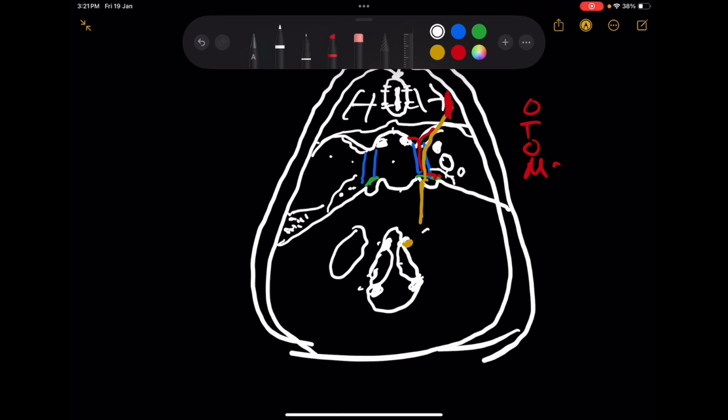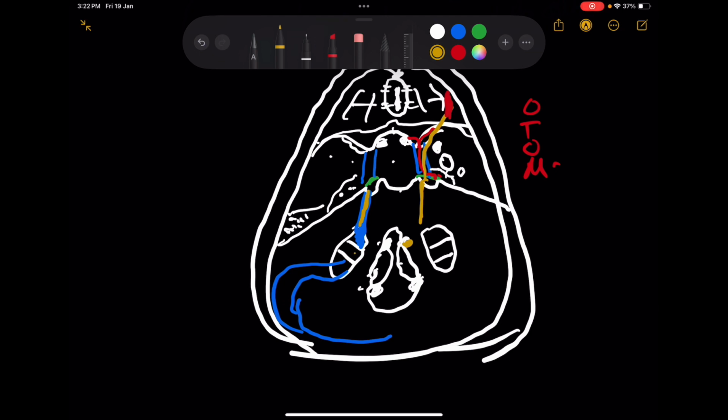Then we make the jugular foramen, divide it into three. The sigmoid sinus turns around and enters the posterior part of it. The inferior petrosal sinus enters the anterior part of it, and this is containing the abducent nerve to some extent, the upper extent of it.